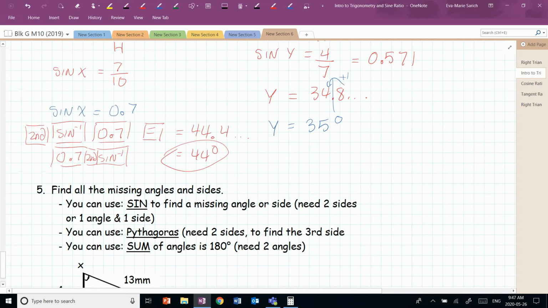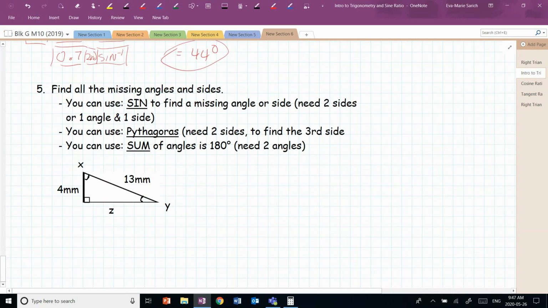Okay, now the last type of question is where we have to find all of the missing sides and angles. Okay, so in this case, we've got a missing angle here, we've got a missing angle here, and we've got a missing side there. Now, you have a bunch of things in your toolkit to use. You don't just have to use what we're doing today, the sine ratio.